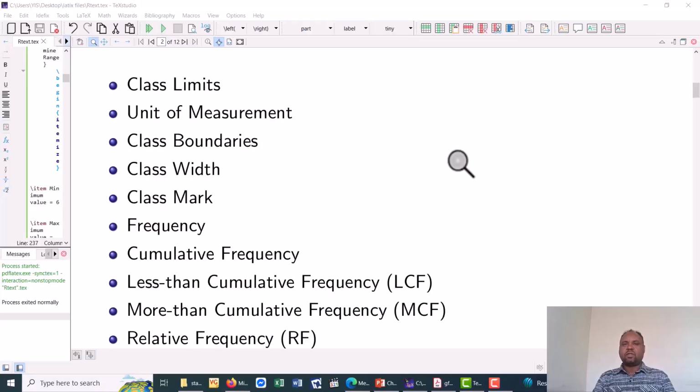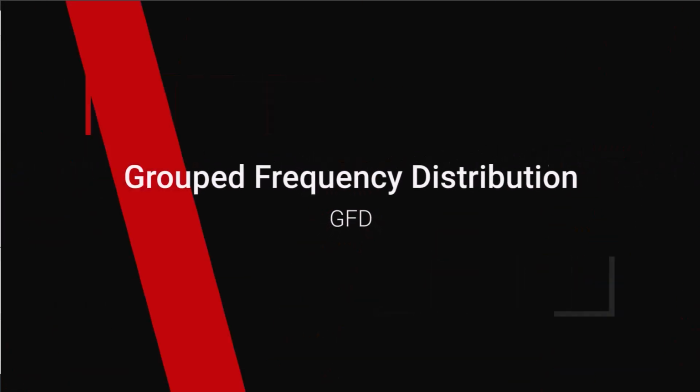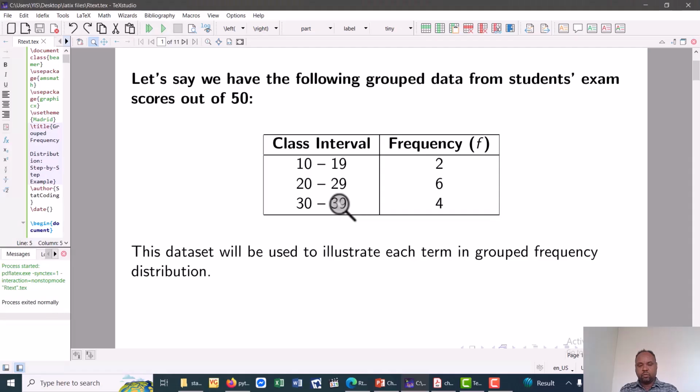These include class limits, unit of measurement, class boundaries, class widths, class markers, frequencies, cumulative frequencies, less than cumulative frequency, more than cumulative frequency, relative cumulative frequency, and relative frequencies. To explain each term, this frequency table will be used in what follows.